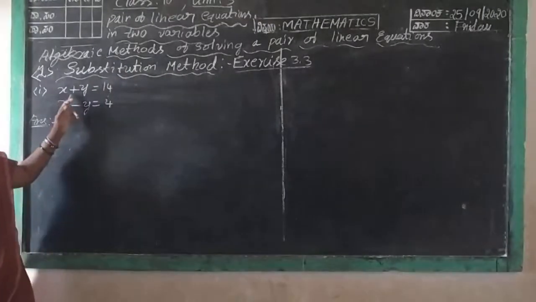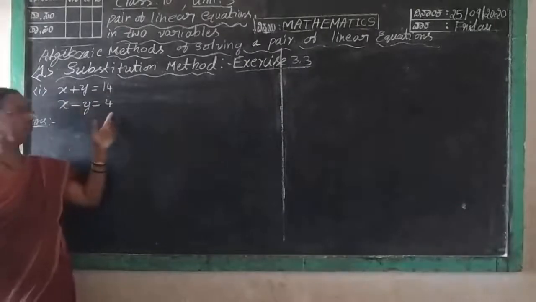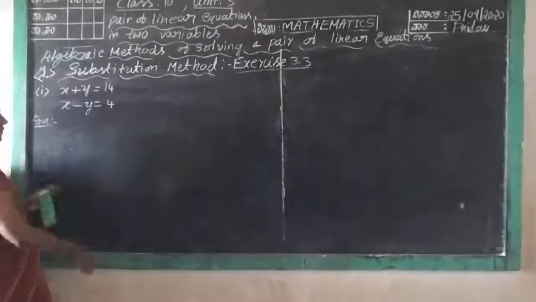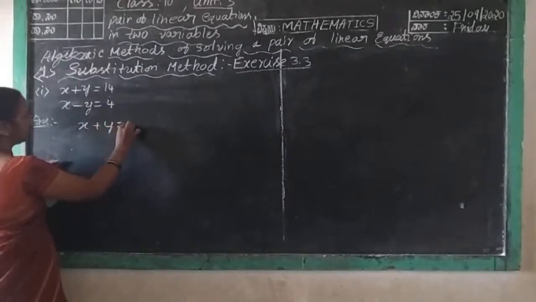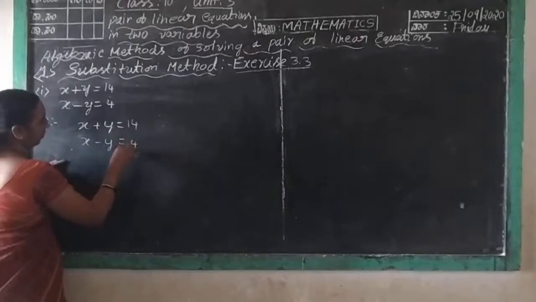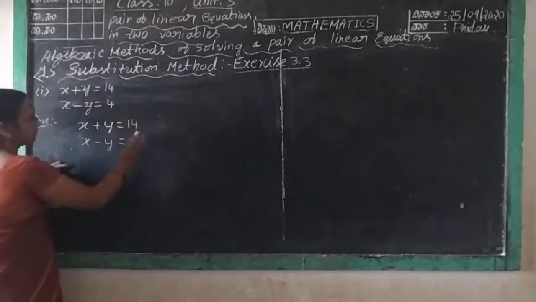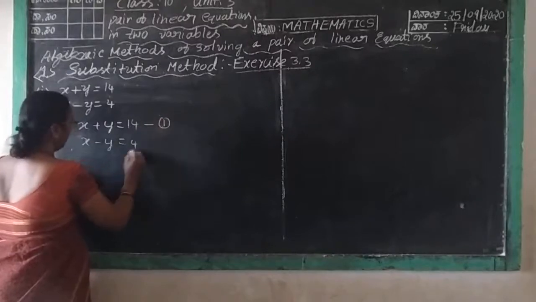The first problem is x + y = 14 and x - y = 4. We write it again as x + y = 14 and x - y = 4, as equation 1 and equation 2.